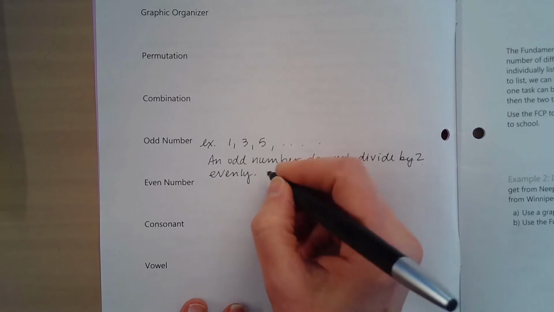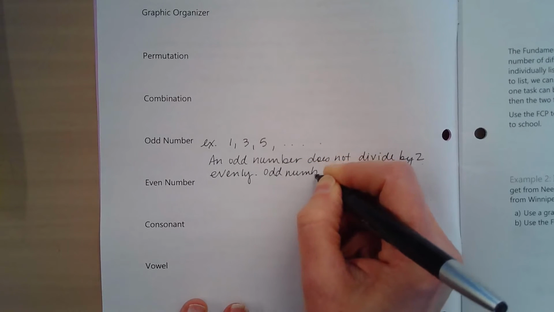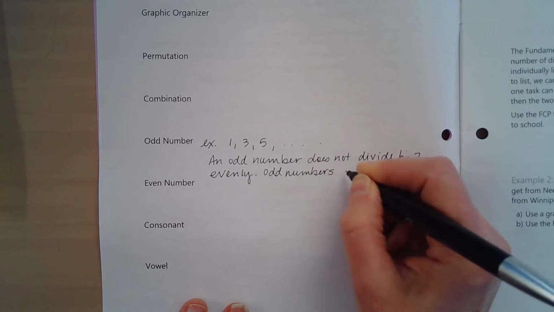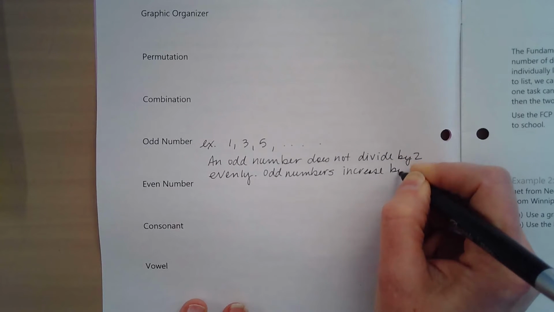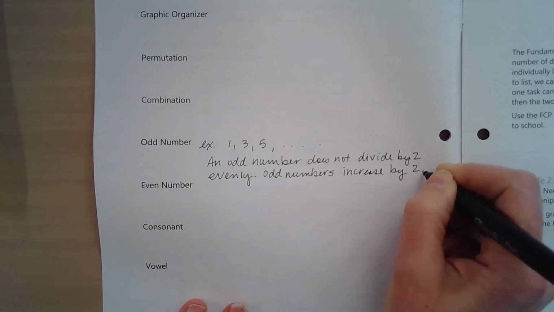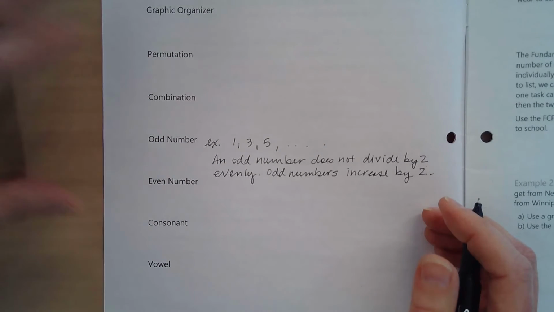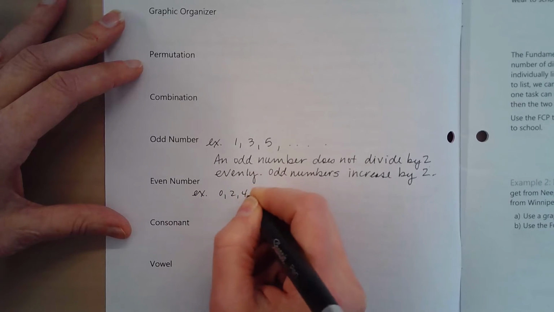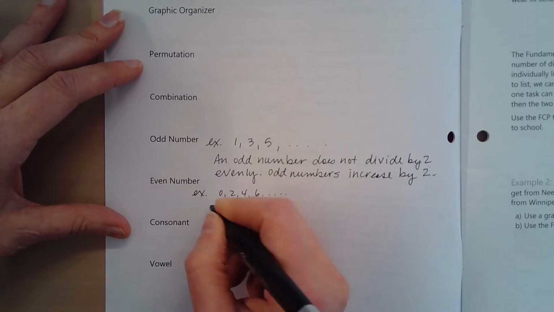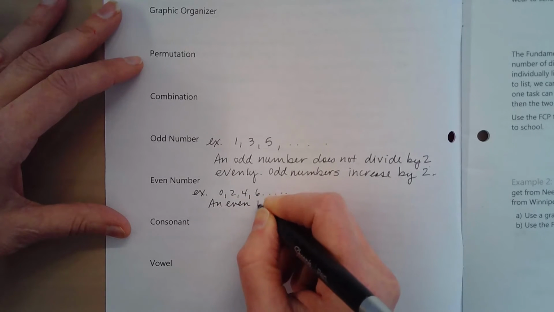How about this one? Odd numbers increase by 2. Even though they don't divide by 2, they're 2 numbers apart, right? There's a distance of 2 between each odd number. Even numbers are 0, 2, 4, 6. An even number divides by 2 evenly.